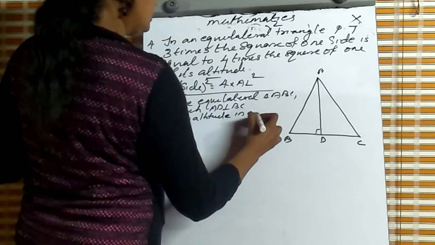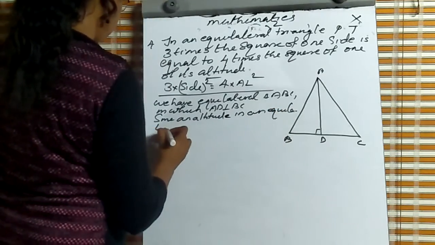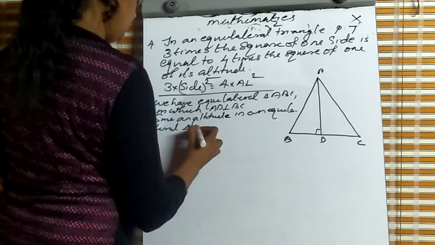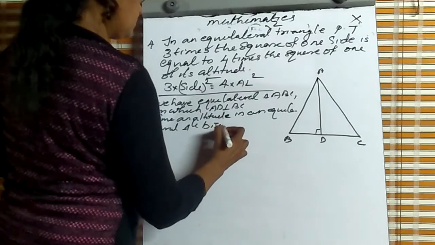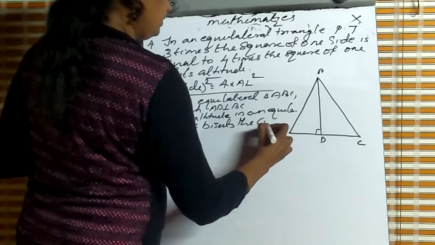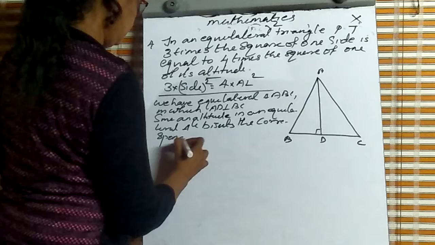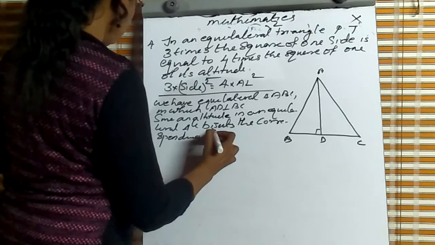In an equilateral triangle, the altitude bisects the corresponding side.